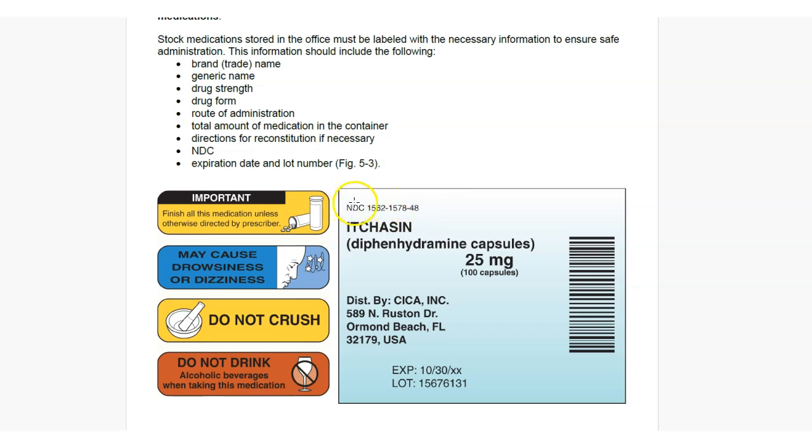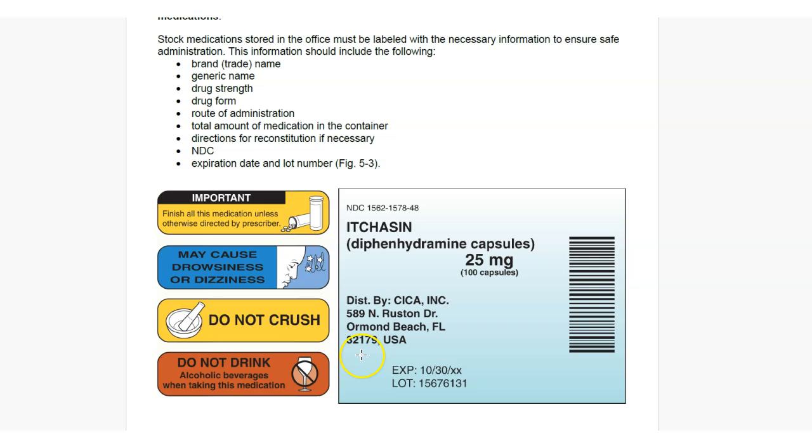We're talking about the NDC, which is an identifying number. This is the brand name. This is the generic name. This is the dose, and this is how many capsules are in here. Then the distributor, expiration date, and the lot number.